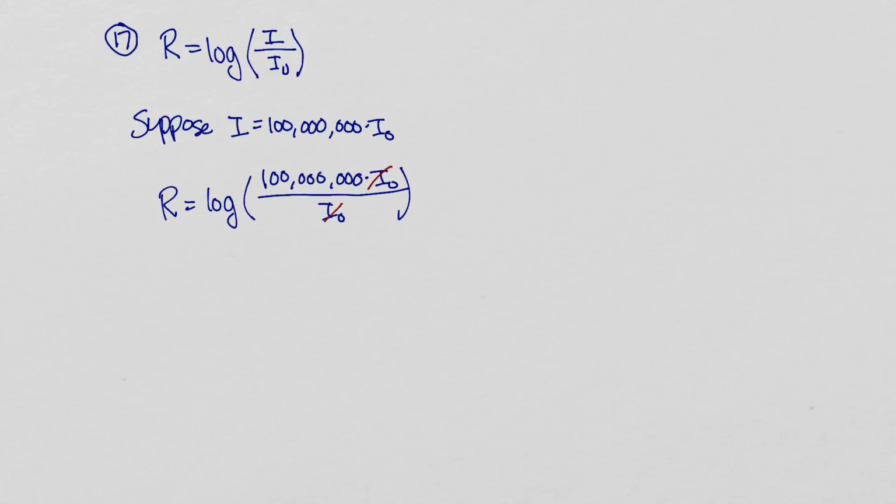The I naughts cancel. And now we're left with R equals the log base 10 of 100 million. Now, if we convert this logarithmic statement to exponential form, the logarithm is the exponent. So R is the exponent on 10. That's going to look like this. 10 to the R is equal to 100 million.